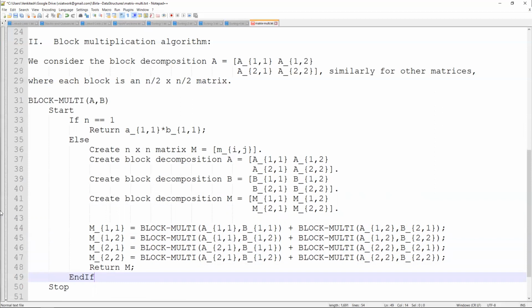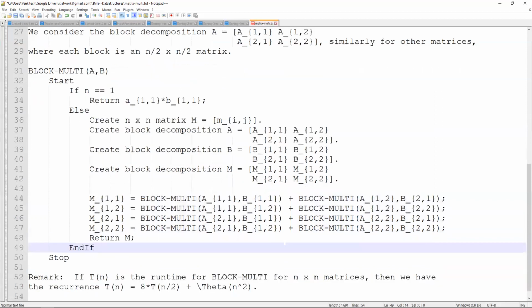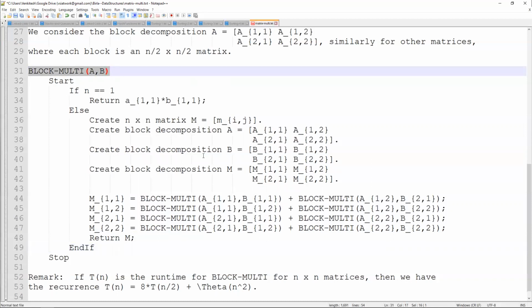Is that okay? So this completes the cycle. Why did we do this? Because the formula says multiply the smaller blocks, but we want to multiply the smaller blocks by using recursion, by inductive argument, right? We want to use the same function for smaller blocks. But then when we go inside, there is a base case.